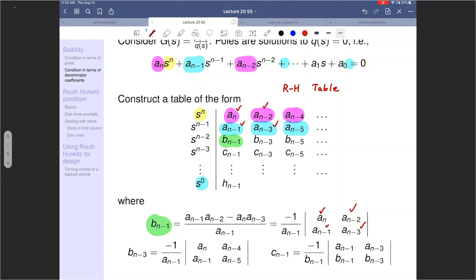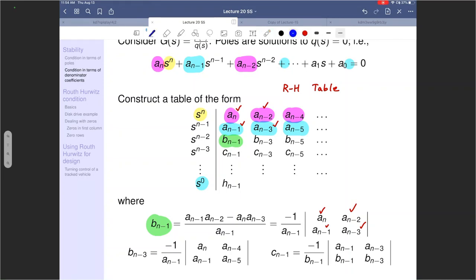So the point is, you would next try to find the b's and then the c's and then the d's and so on, as long as you continue building that table until you have the s raised to 0 value by using those determinants, right? So you would essentially find c sub n minus 1. How do you find c sub n minus 1? You have negative 1 divided by b sub n minus 1 here, and then you would evaluate this.